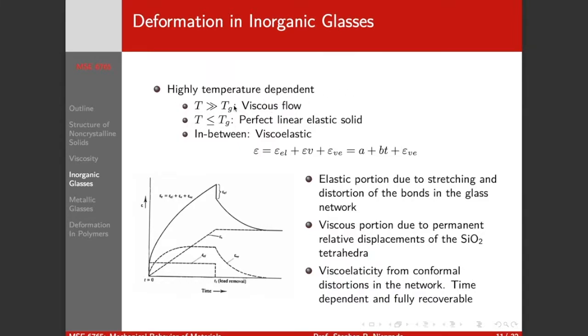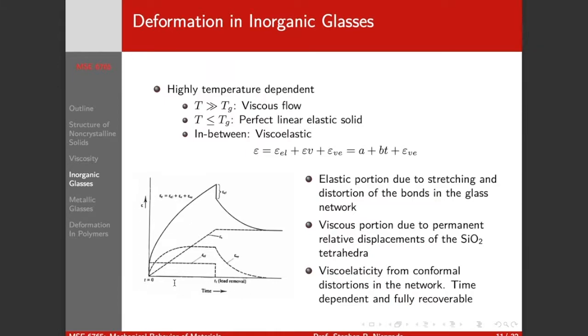If the temperature is significantly less than the glass transition, you're going to have a linear elastic material, right? So here's our first case, viscous flow, right?